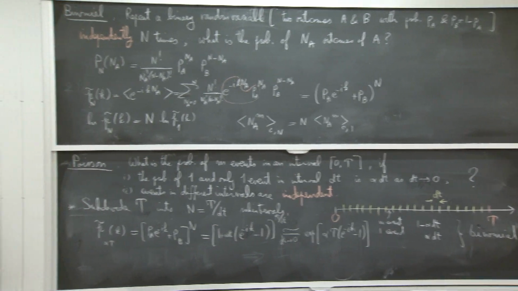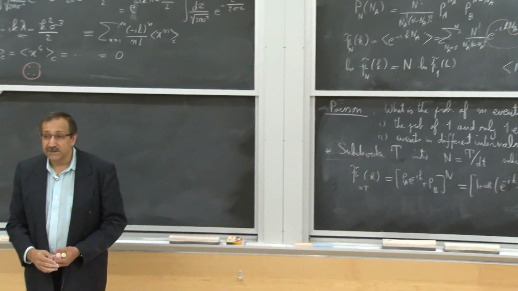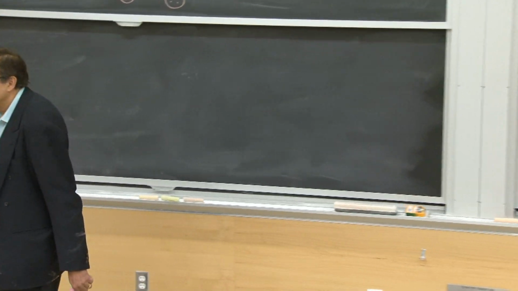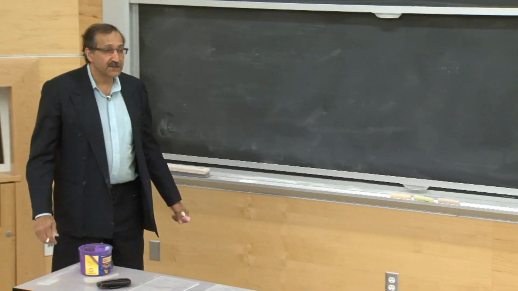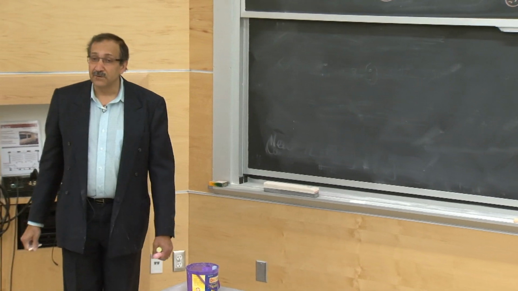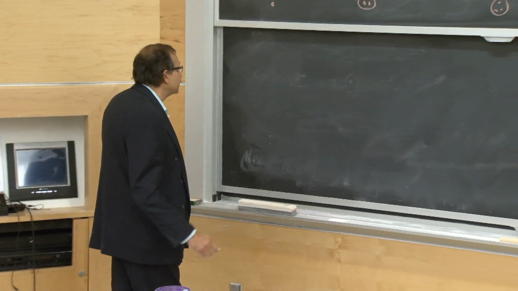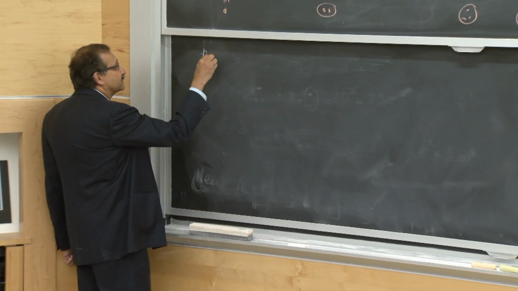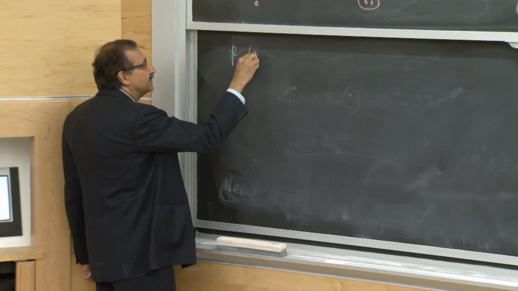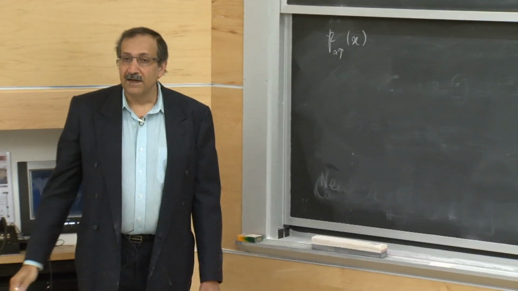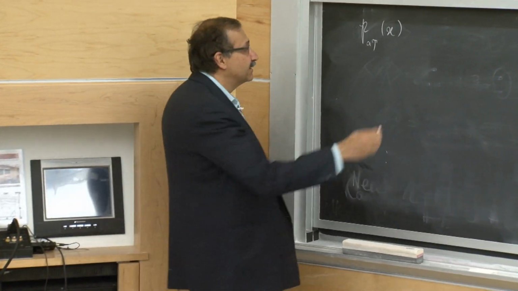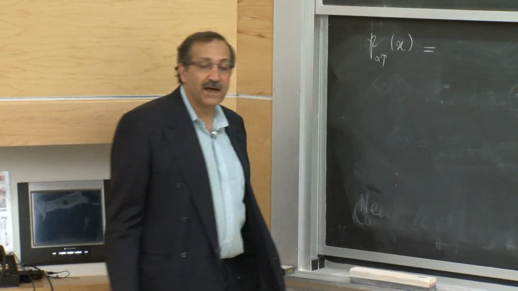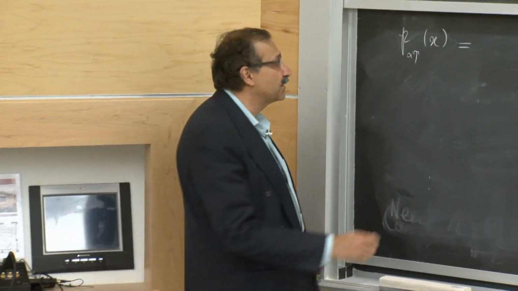You say, wait, I didn't ask for the characteristic function. I wanted the probability. Well, I say, OK, the characteristic function is simply the Fourier transform. So let me Fourier transform back. And I would say that the probability along not the Fourier axis, but the actual axis is obtained by the inverse Fourier process.